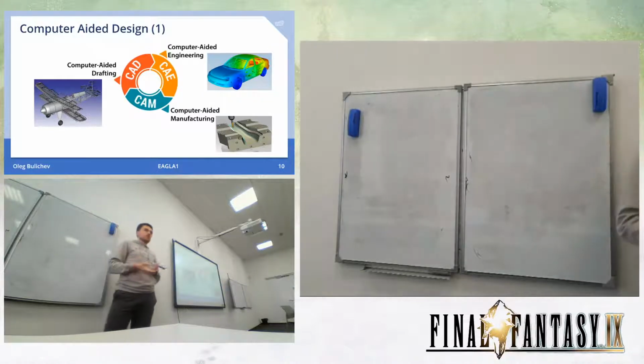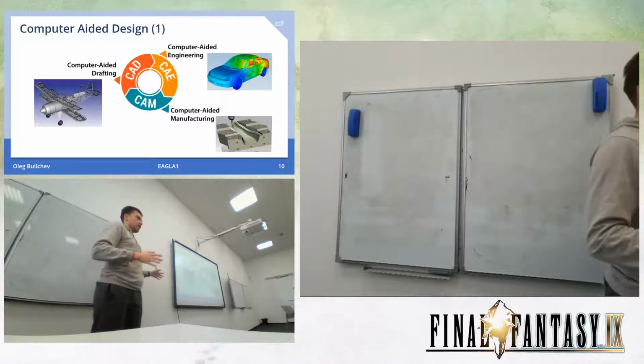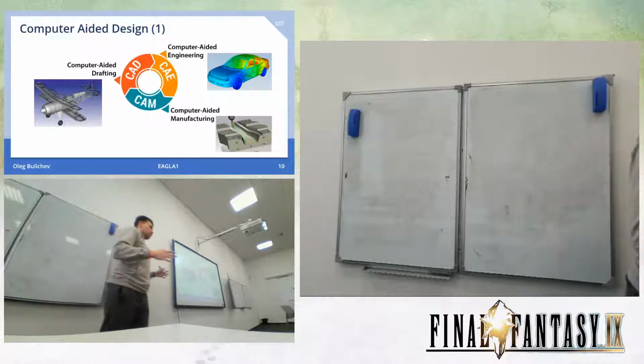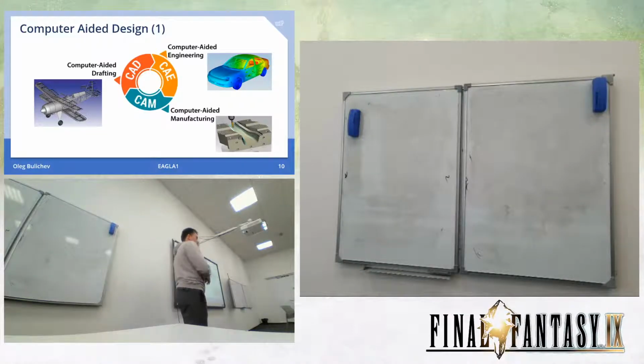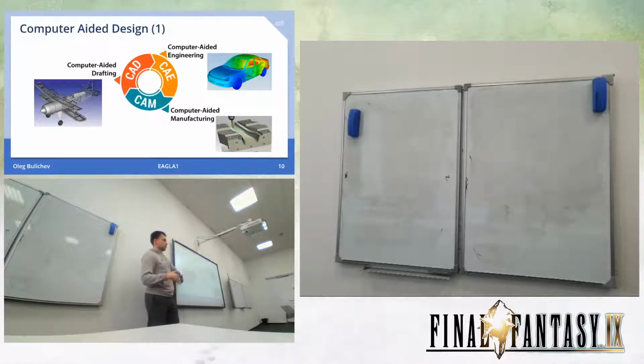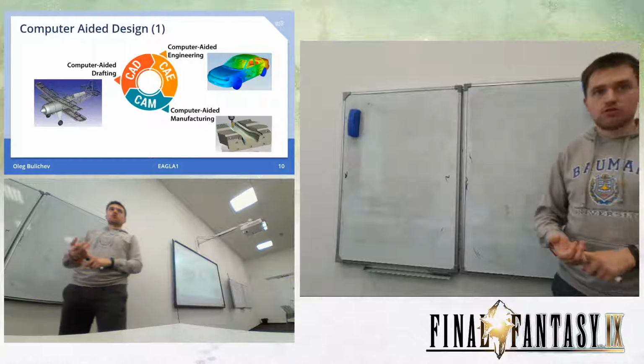Why did CAD systems appear? Decades ago, when they didn't exist, how could you make a new device? You needed to make a prototype physically in hardware, check it, push it in the trash bin, and start again. It's very time consuming because you need to manufacture it, and it's not cheap because you need to make a lot of iterations.